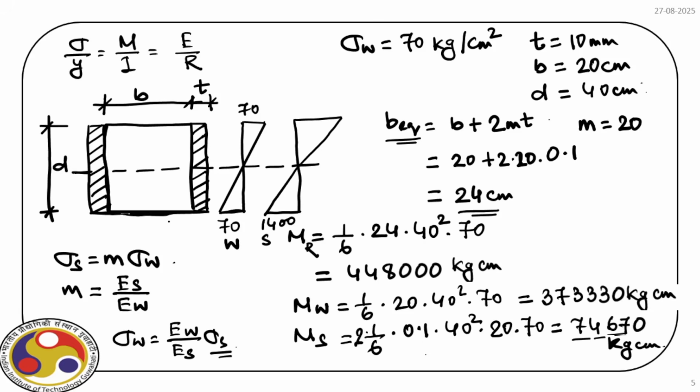Now you can have many other materials and you can build up different types of cross sections. In this example, we have two steel plates on either side of the wooden central part. We can also have steel cover at the top and bottom.